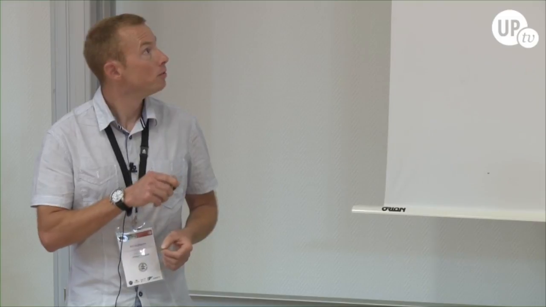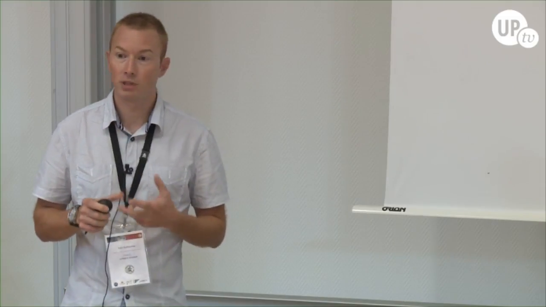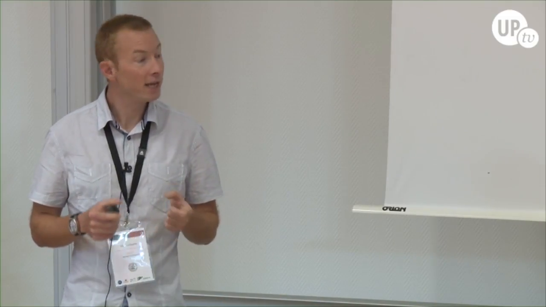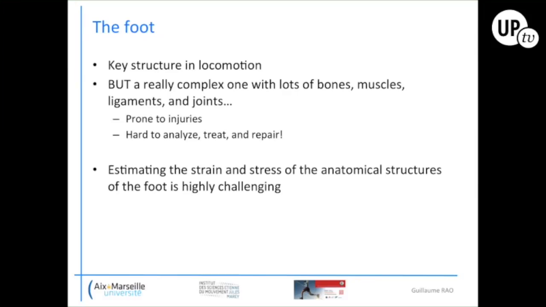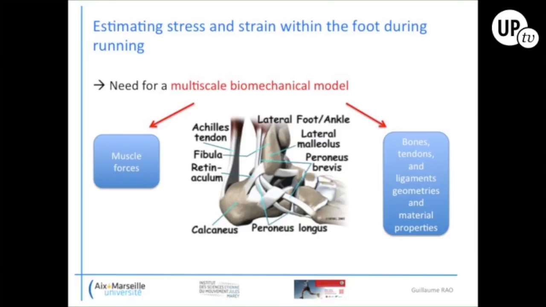If we want to do all of that, analyze, treat, and repair, we should be able to estimate the stress and strain over the anatomical structures within the foot. And doing that is highly challenging. And there is a need for multi-level or multi-scale biomechanical models to answer this question.